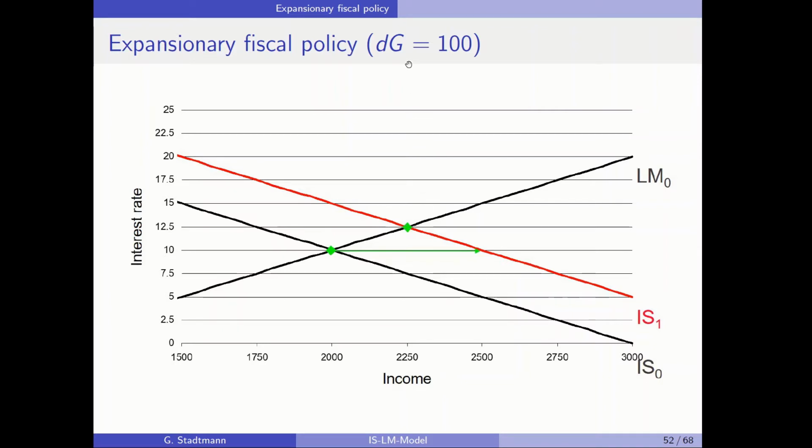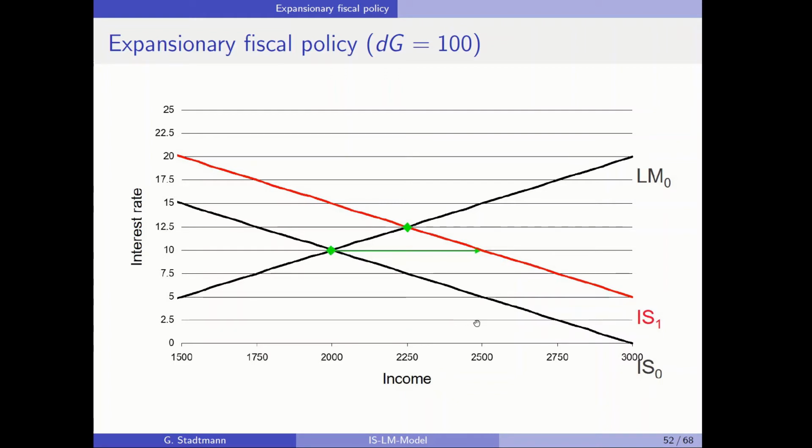So an increase in government spending by 100 units increases GDP from the level of 2000 to the level of 2250, and the interest rate from the level 10 to the level 12.5. The interest rate increases by 2.5.